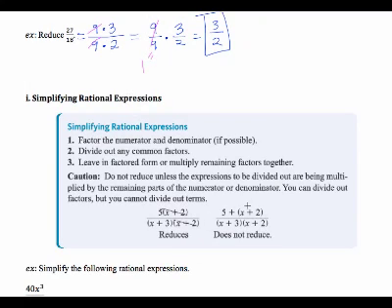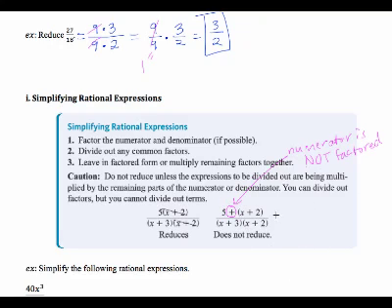Now here, the x plus 2's do not cancel, and that's because of this plus sign right here, because this numerator is not factored. Both the numerator and denominator have to be fully factored before you can cancel anything at all.